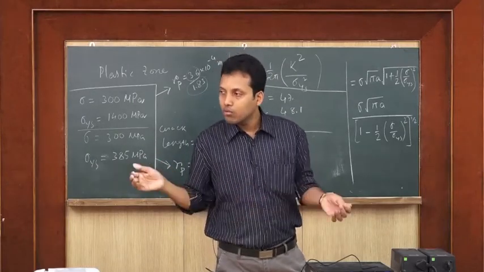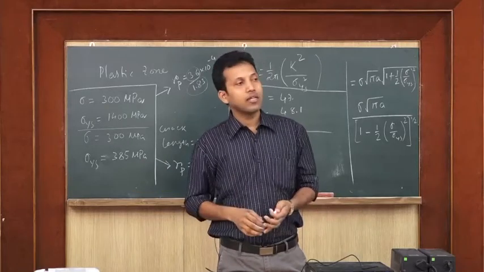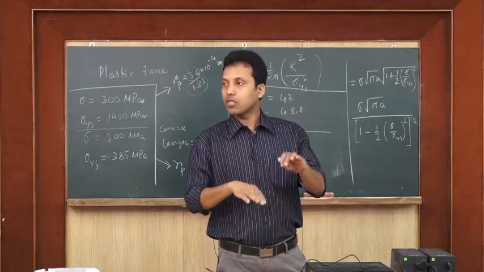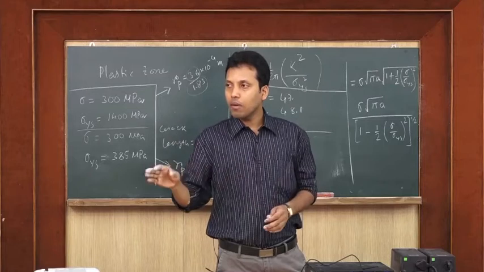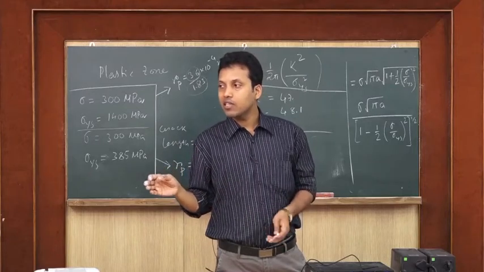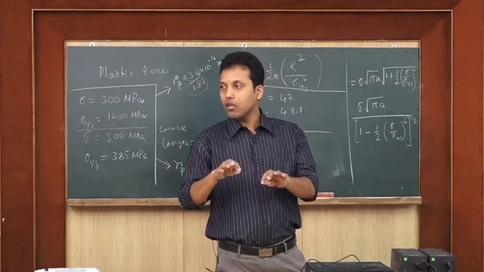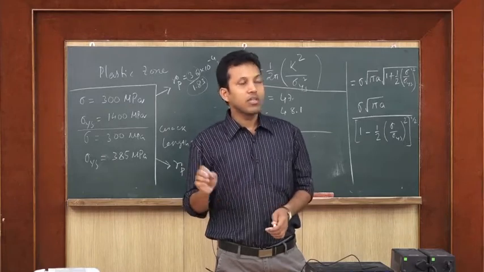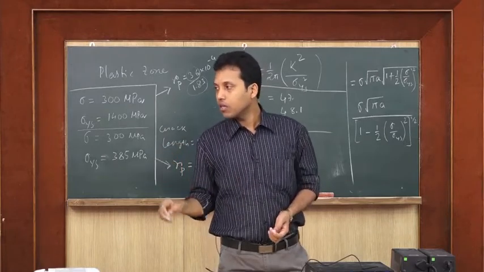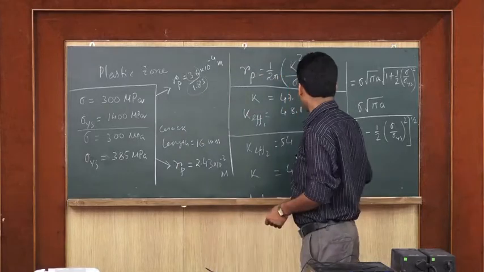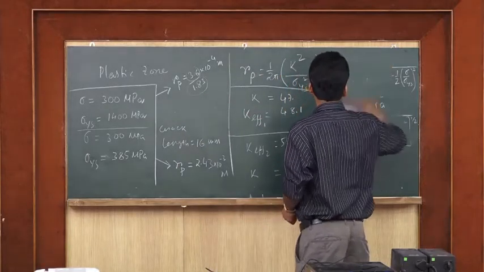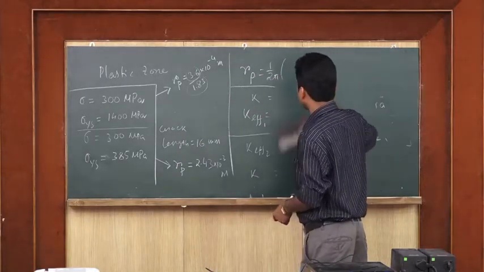Based on that, you do one more calculation and you will find that this difference is reducing. We have to stop at a certain point when the difference is negligible, and that will be your final K value for the material.